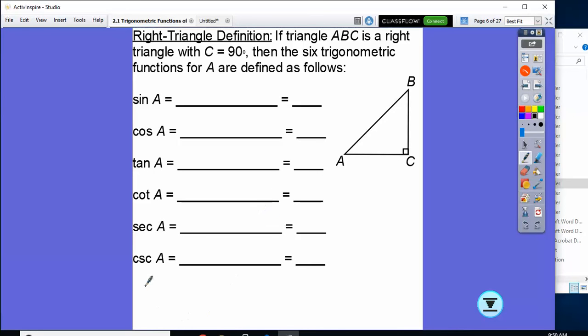Our trick to remember this, we're going to use SOHCAHTOA. You can write this down in your margin. So SOHCAHTOA will help us with this definition.